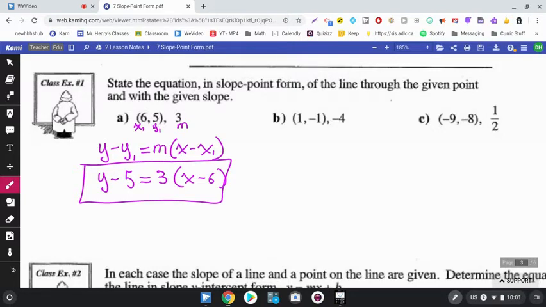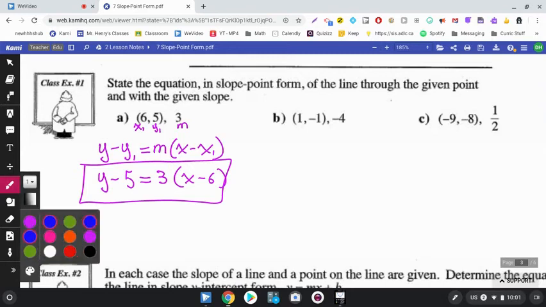All right, let's do the next one. I'm going to label my points x1 and y1, and then I also have my slope. So it's y take away the y value equals your slope times x take away the x value. And those brackets are really important. Okay, I'll do this one slow. Y taking away y1 would be minus -1.